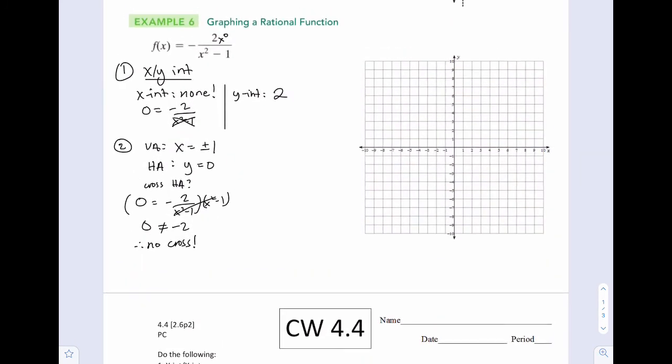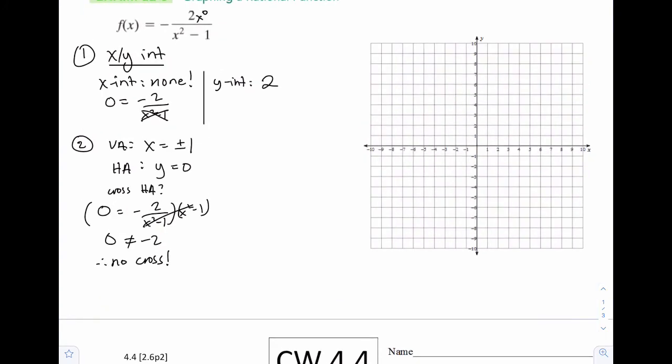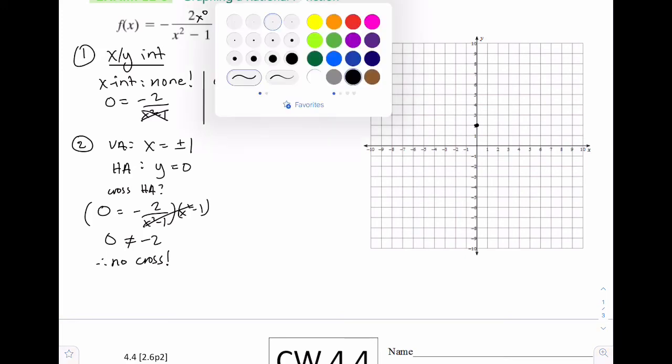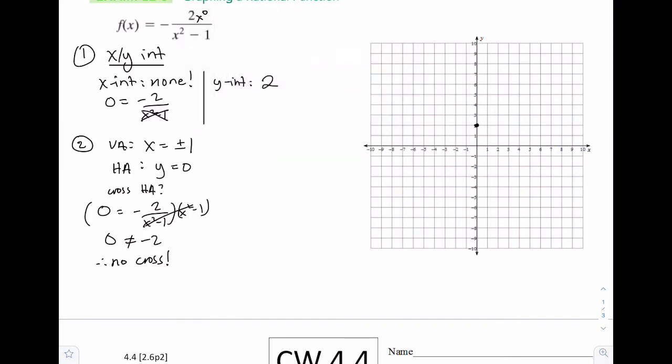So there's no x-intercept, but the y-intercept is 2. That's nice. So put a 2 right there. We have asymptotes at 1 and negative 1 that are vertical. So I'll put those in. And a horizontal of 0.